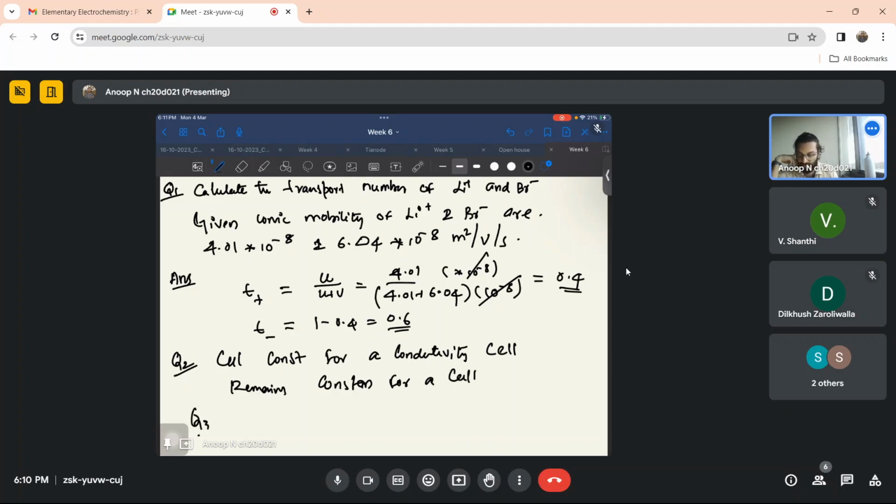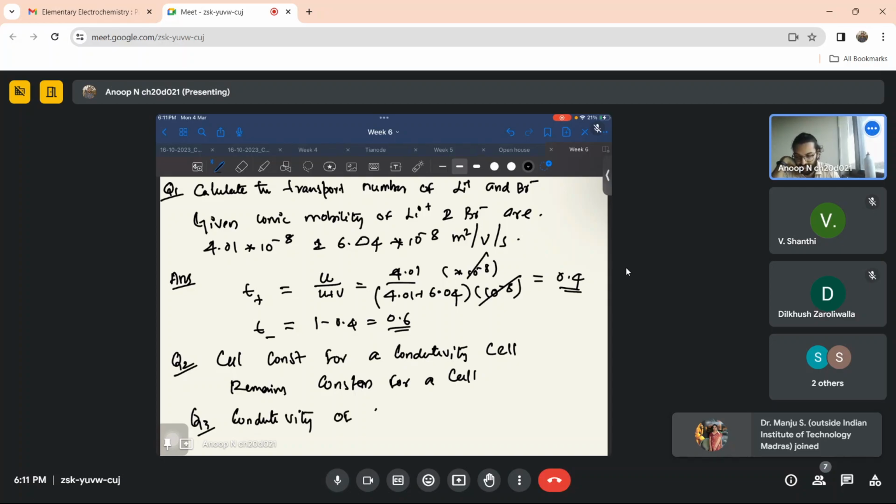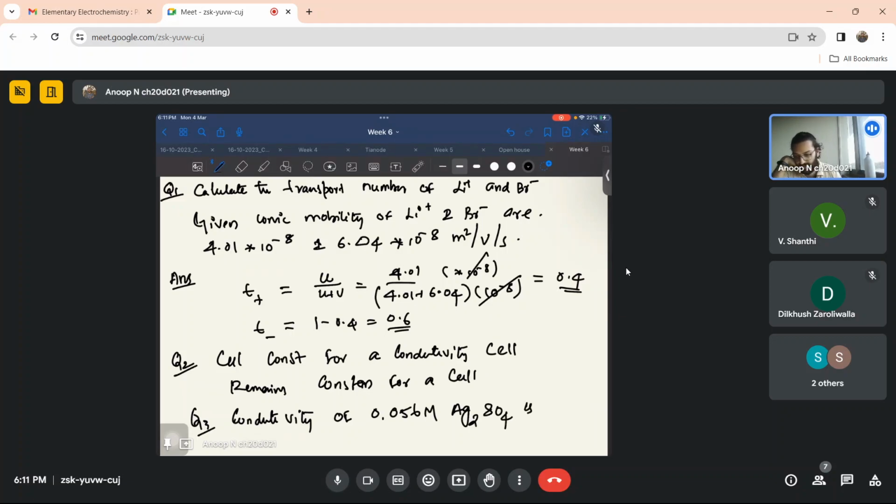Then question number 3. The conductivity of 0.056 molar Ag2SO4 is 0.0028 Siemens, or mho centimeter raised to minus 1.